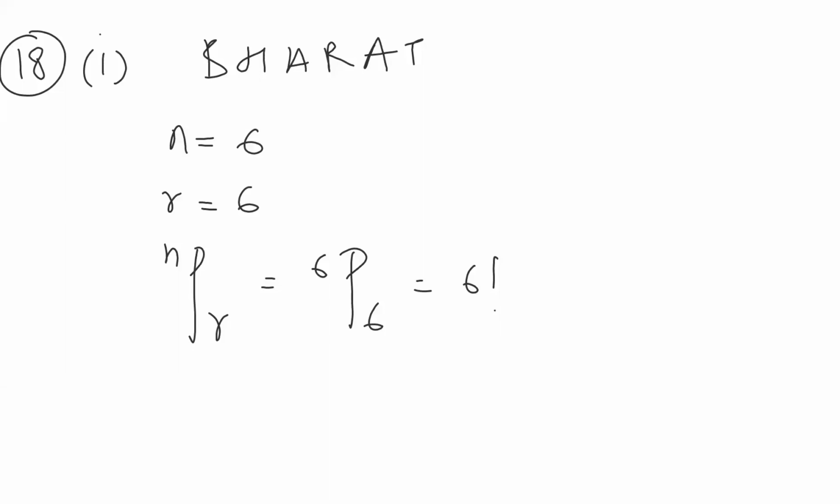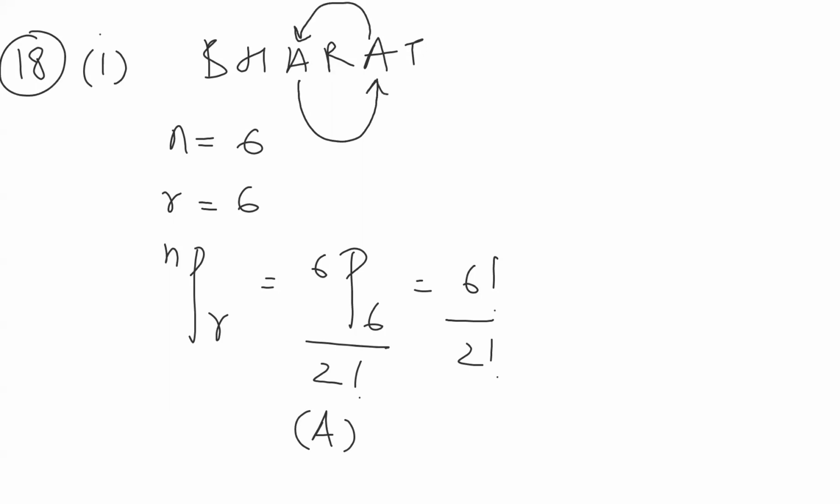Now basically I am expecting some more to be done in this, because we have done this in the last class. So 6P6 upon 2 factorial. Why 2 factorial? Because A is getting repeated twice. Do you recollect? See, if this A is replaced with this A and this A is over here, will we count Bharat twice or only once?